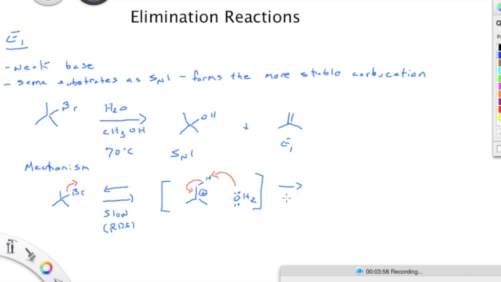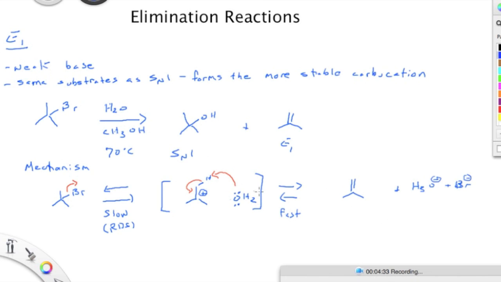This then, of course, is what we consider the fast step. Once you form the carbocation, the reaction is off to the races. You're going to form the next step very, very quickly. And in this case, what you notice is that we have H3O plus and Br minus here. So we get a little bit more acidic as we continue to move forward in this reaction.